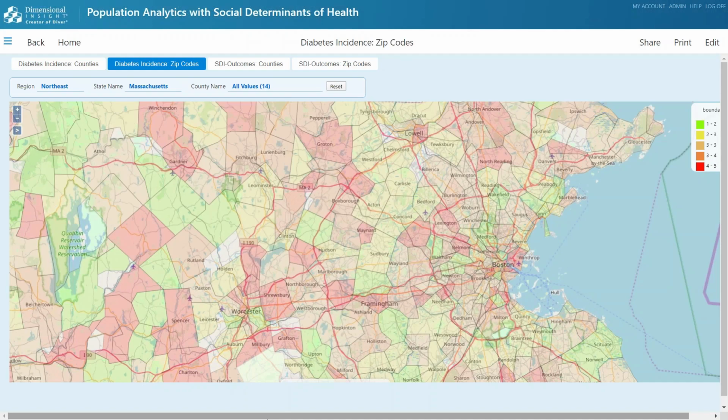But let's say that we wanted to focus on segments of the population with both high diabetes incidence and high social deprivation. Because there may be things that we can do to mitigate some of the social challenges, such as providing access to transportation so people can get more ready access to doctors, nutrition counseling, community exercise programs. So what we could do is visualize this, again using our maps, by overlaying the social determinants information with diabetes incidence.